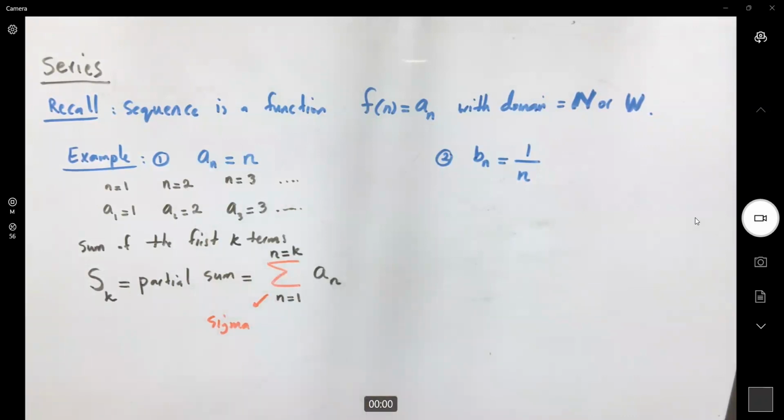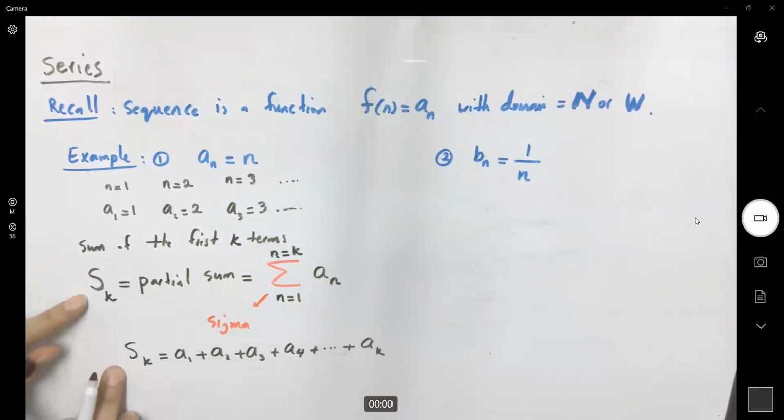So for example, you can write it this way, and this becomes a sub 1 plus a sub 2 plus a sub 3 plus the rest of the terms until you get to a sub k. So this is the partial sum. S sub k is equal to a1 plus a2 plus a3 plus a4 plus the rest of the terms, and you're going to stop at the kth term.